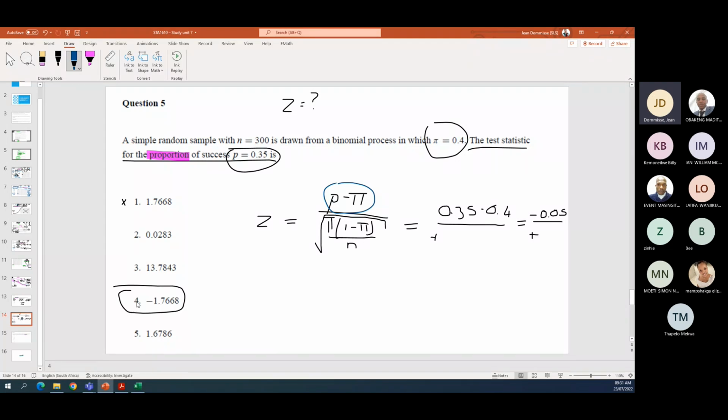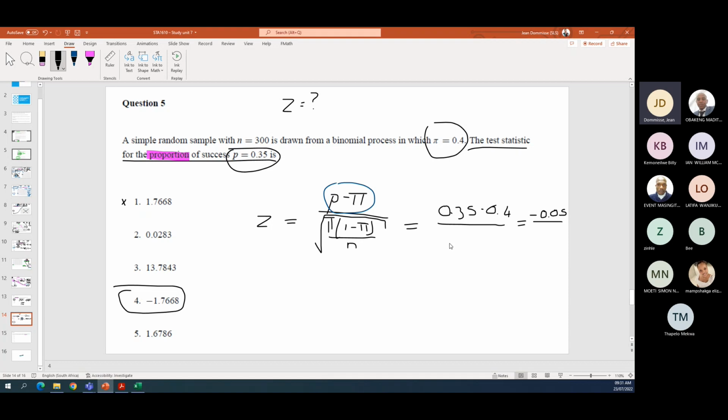Then if there's only one negative, that's the one I can choose. If it was positive, then I could have cancelled it out and know that I'm working with 4 other possible answers. Okay, so let's work out this calculation.